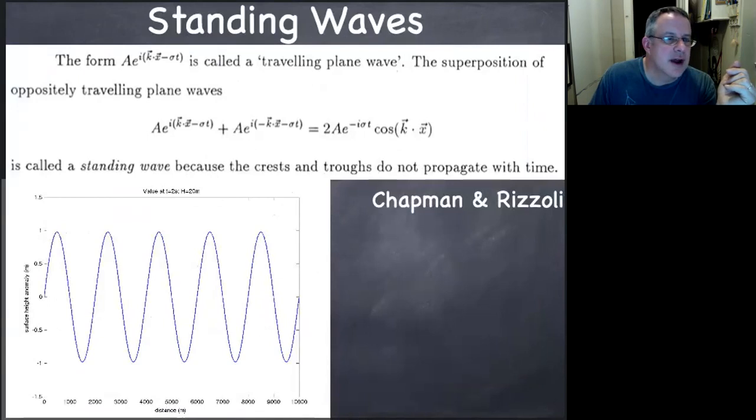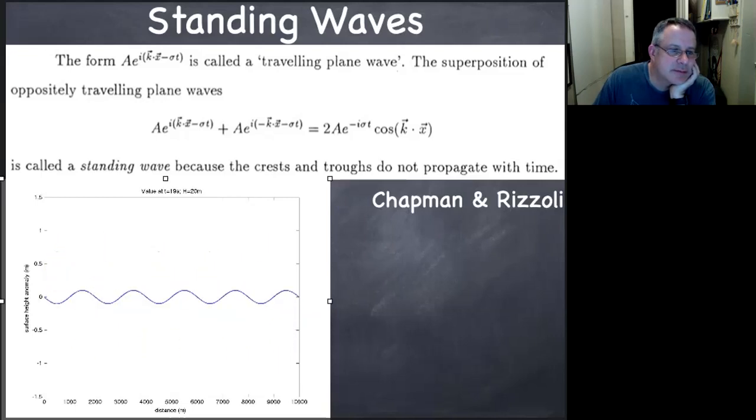This is called the traveling plane wave, and superposition of traveling plane waves can be a standing wave. Look at this. So this is where we have a rightward traveling wave of the same amplitude as a leftward traveling wave. So if you add these two together, what happens? It actually becomes a spatial function, cosine kx, that's separate from the time varying part. What does it look like? It looks like this.